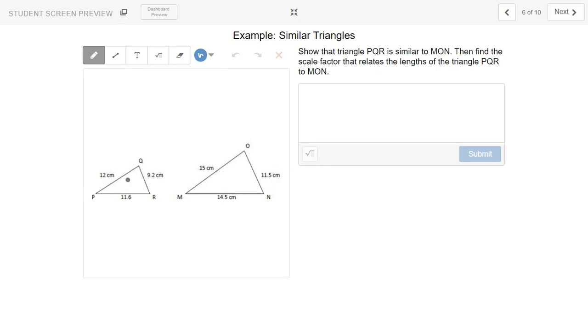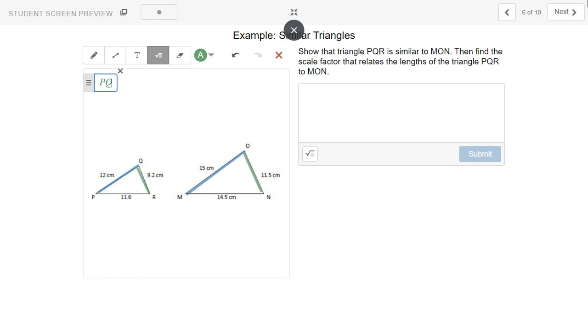My guess is that PQ is in proportion to MO. QR and ON are in proportion, and the last one is also in proportion. So let me set up my ratio.